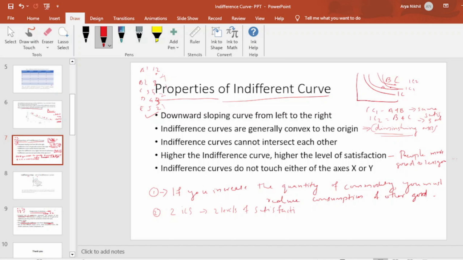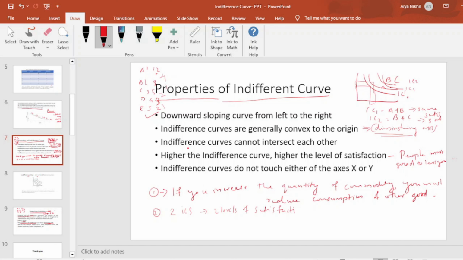So higher the indifferent curve, higher the level of satisfaction. Here this is the lowest one, this is the highest one. Here I have more goods, extra goods, than on IC1. So this IC2 curve, the highest curve, provides a higher level of satisfaction to me.